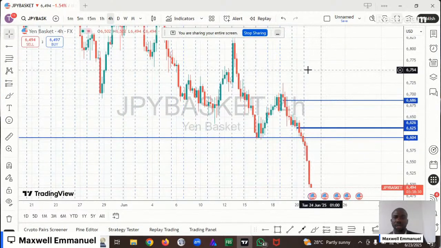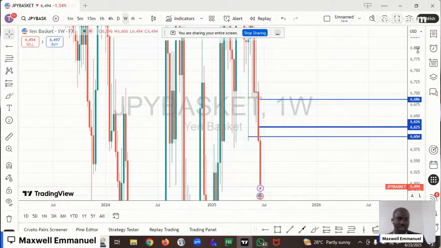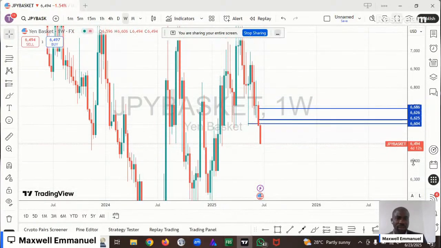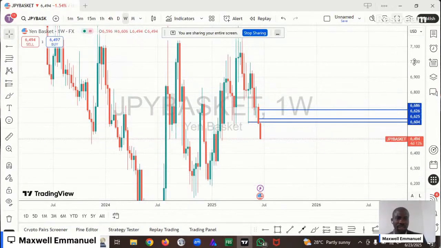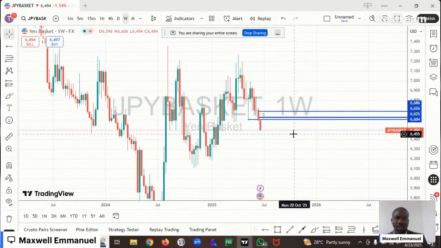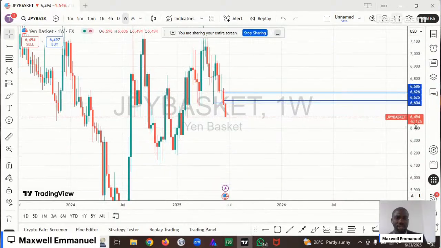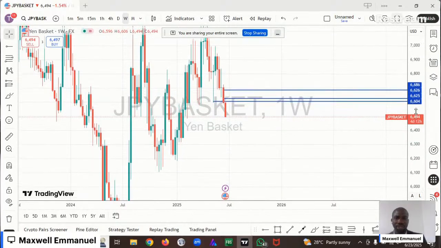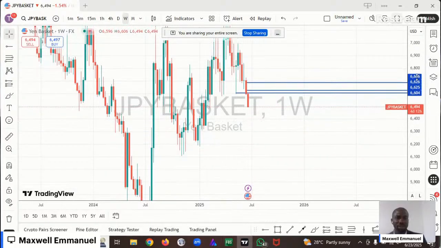Okay, let's start with the weekly time frame for yen. Like I shared with you guys yesterday, those who attended the session we had last night, I told you guys yen is bearish, and you can see yen has been bearish since the market opened.